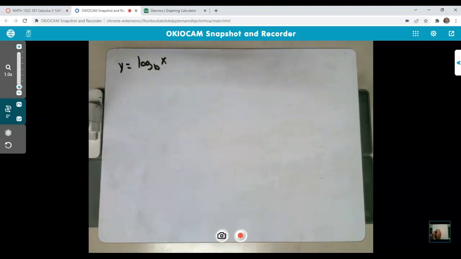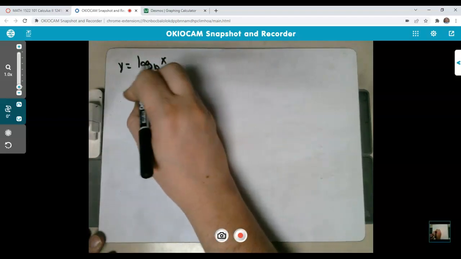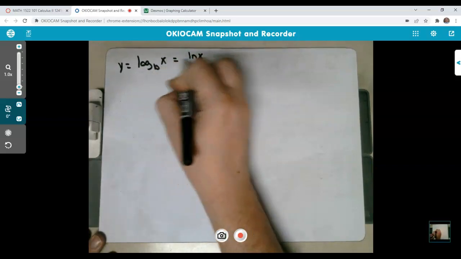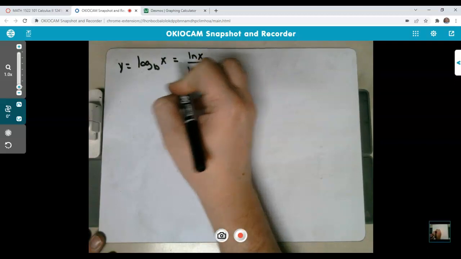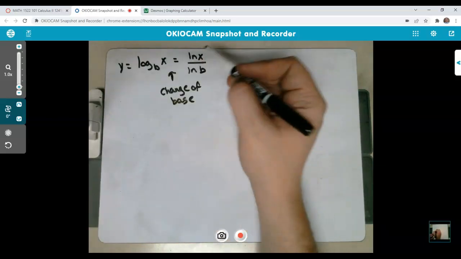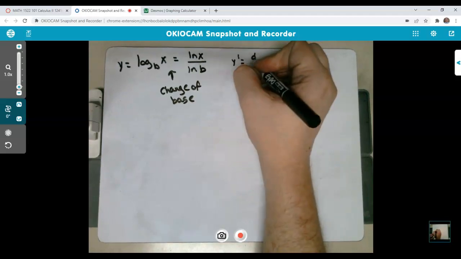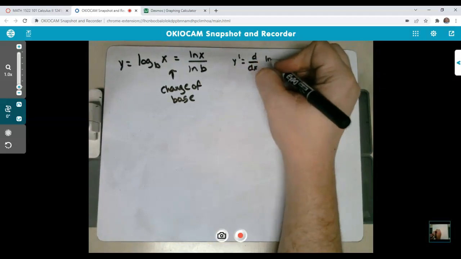Remember from pre-calculus or whatever class you took before Cal 1, I can rewrite log base b of x as the ln of x divided by the ln of that b. This is called the change of base formula. So if I wanted to find the derivative of this, then y prime is the derivative of ln of x over ln of that b.